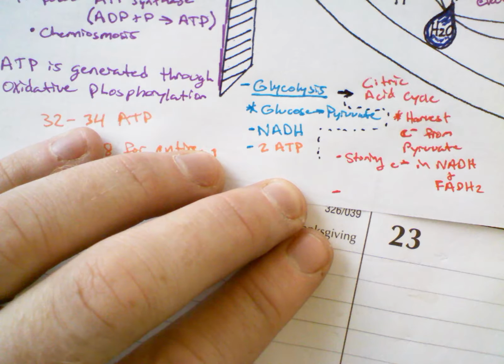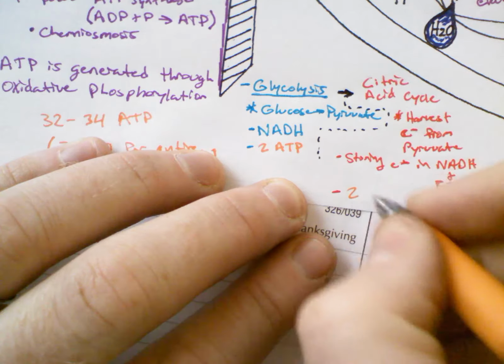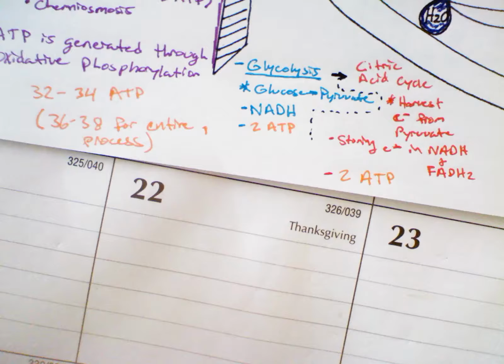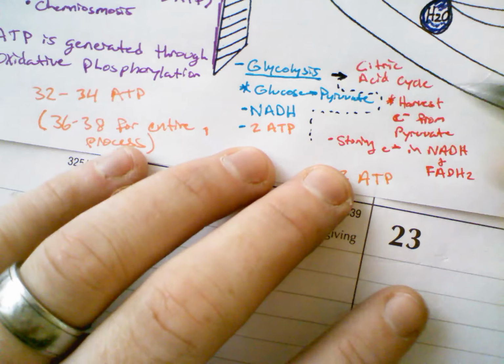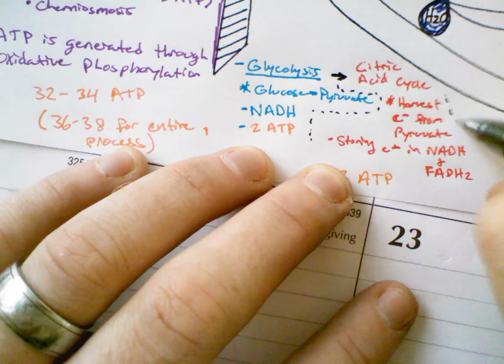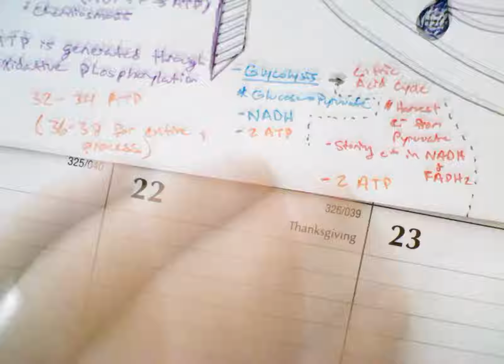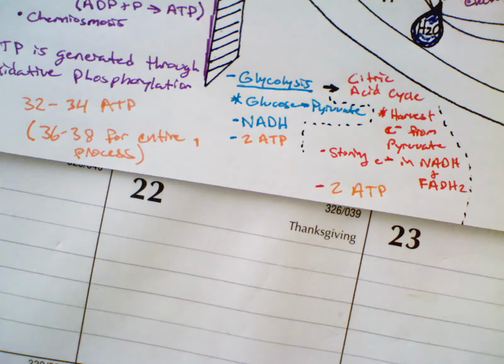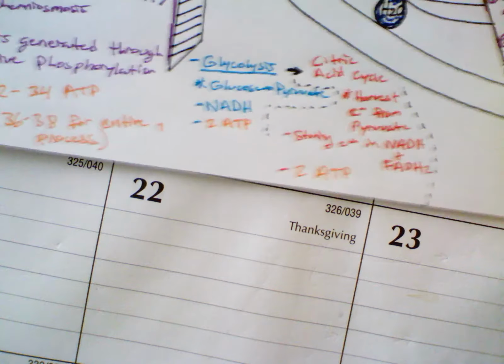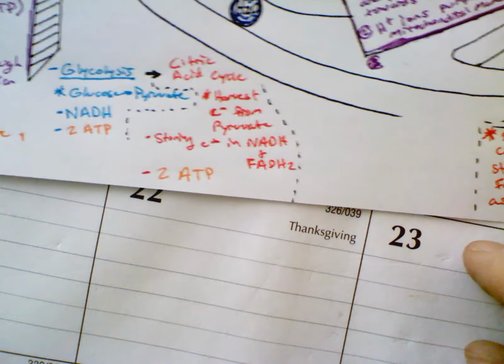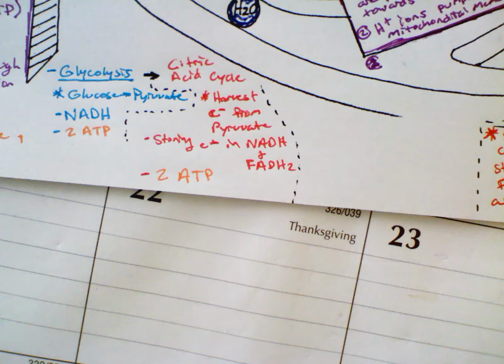And we generate 2 ATP. Okay, so we just removed a whole bunch of electrons, storing electrons in NADH and FADH2. Run out of room on here.